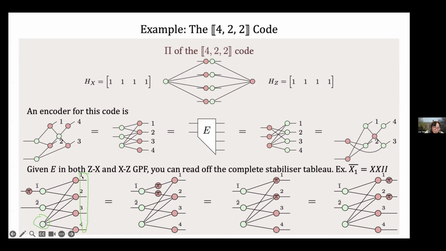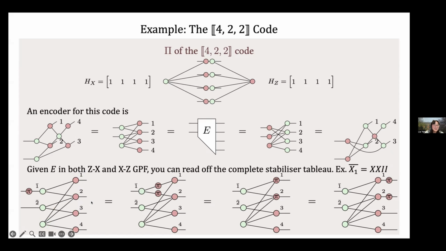If you have 4 physical Pauli X's here, they would fuse with this, and then you could unfuse them to be here. But a GHZ state followed by 4 X's, one on each leg, is just equal to the same GHZ state, because that stabilizes it. That shows that XXXX is a stabilizer.